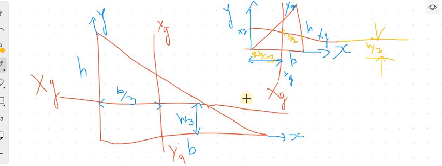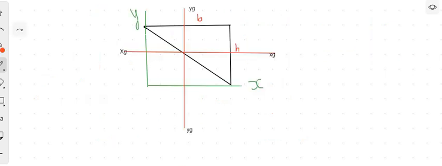You got it? Okay. I'll give you one more different type of problem. Now in this example, what is x bar and y bar? X bar is the distance from reference axis y to yg. See here, where is y?